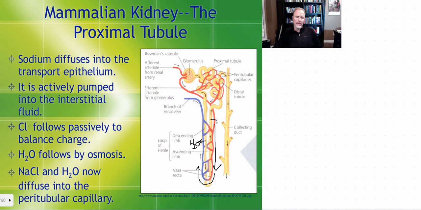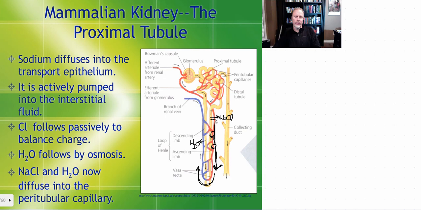Now we're going to switch back over to the other side here, the ascending limb of the loop of Henle, where you're going to either actively or passively get rid of the sodium chloride. So as we move down in this peritubular capillary here, we're getting more and more salt, because that's what's being absorbed by the capillary, so it's becoming more concentrated. As we get down here at the bottom, we're very concentrated.